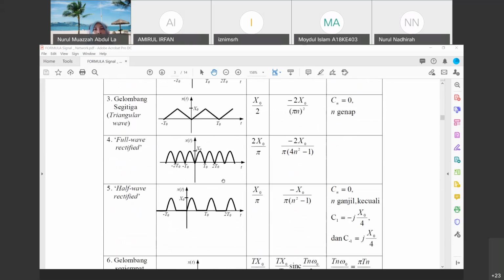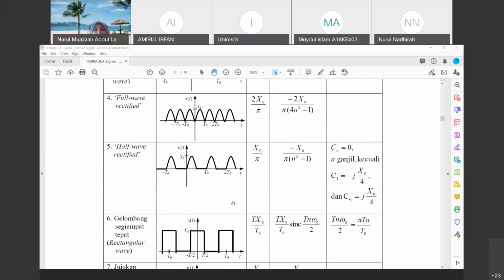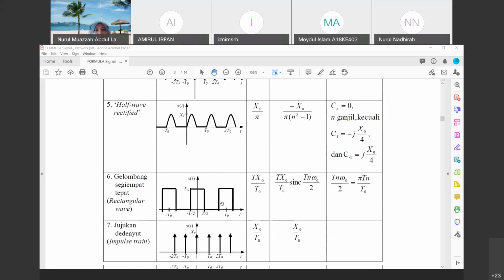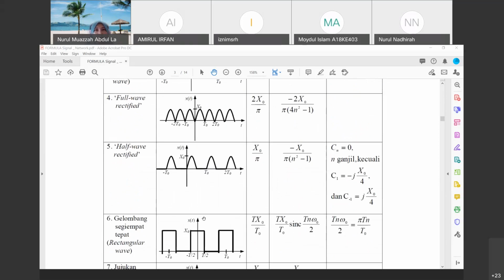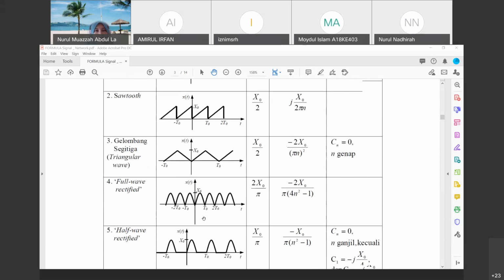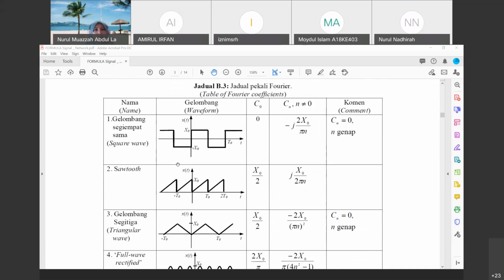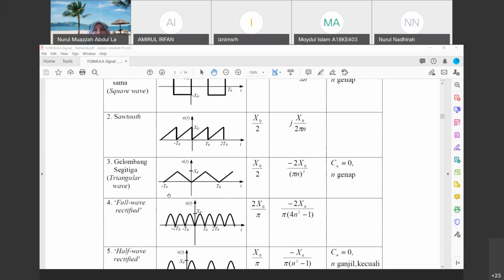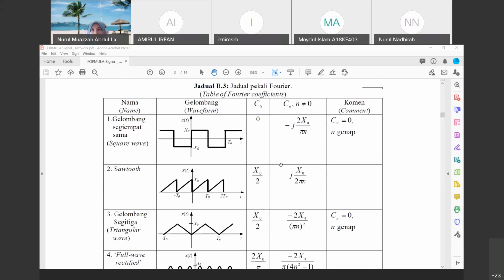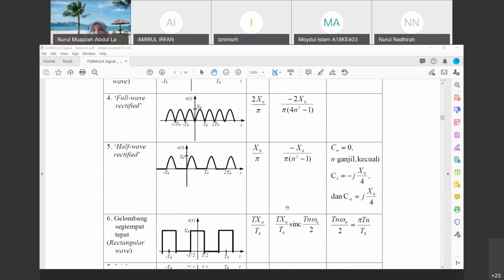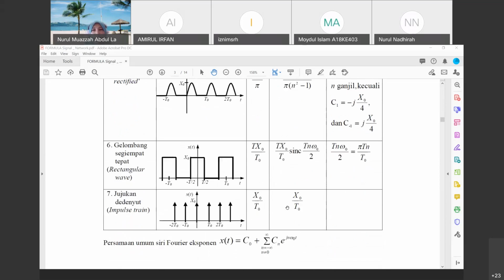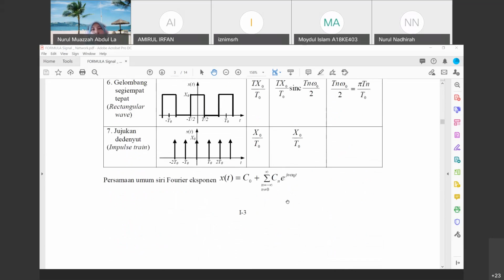I will make another video for these examples, the tutorial session. Basically when the question asks you to write the Fourier coefficient, it will be based on this waveform, square wave, sawtooth. You just need to know how to utilize the equation here, Cn equal to 0. I will show you in another video. I'm not going to show you today because I think it will be too much for today.